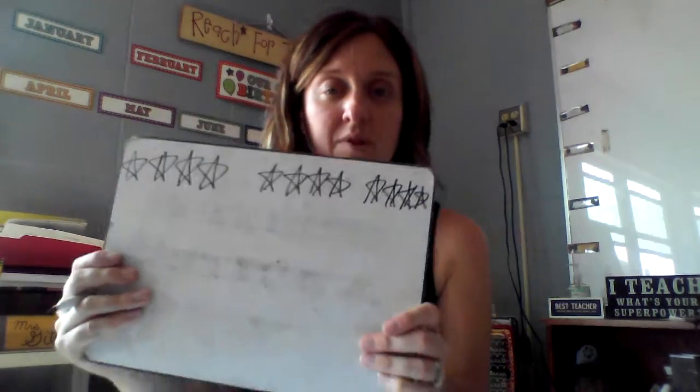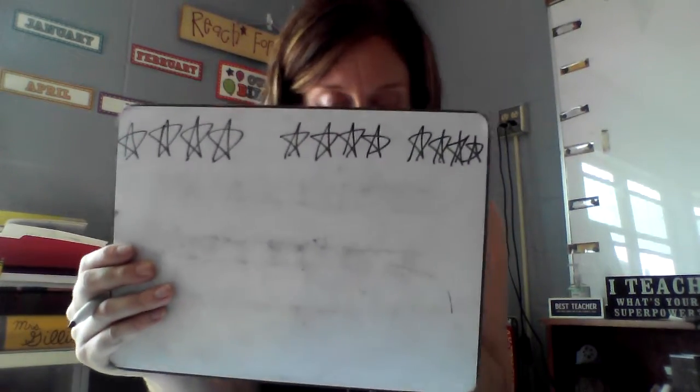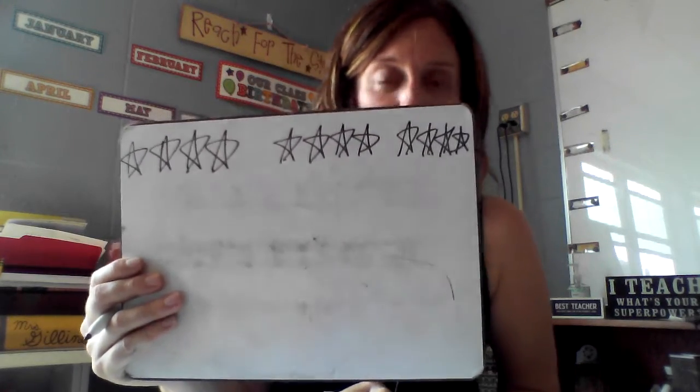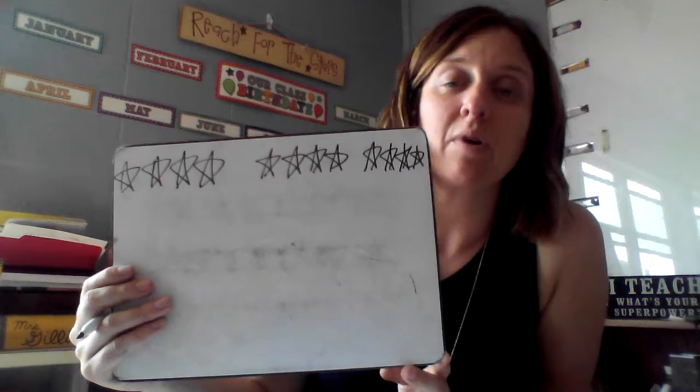Let's take a look at this one. Let's say that we have Olivia, and she has some star stickers that she's arranged like this. Now, if I look at this picture, my 12 is the total number of stickers up there.